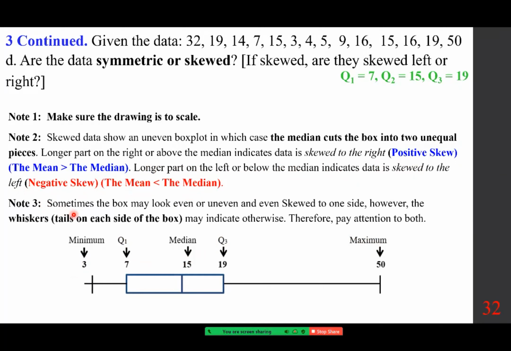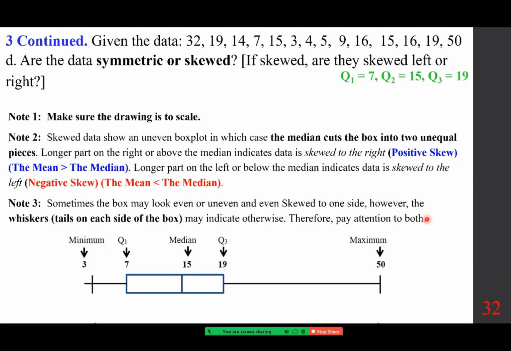Number three, sometimes the box may look even or uneven, and even skewed to one side. However, the whiskers, tails on each side of the box may indicate otherwise. Therefore, pay attention to both of them.